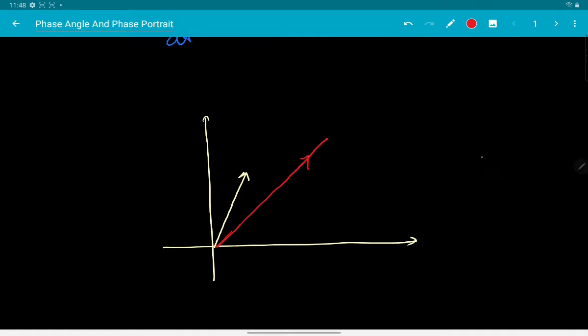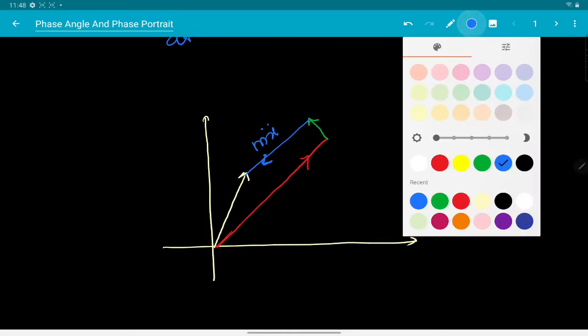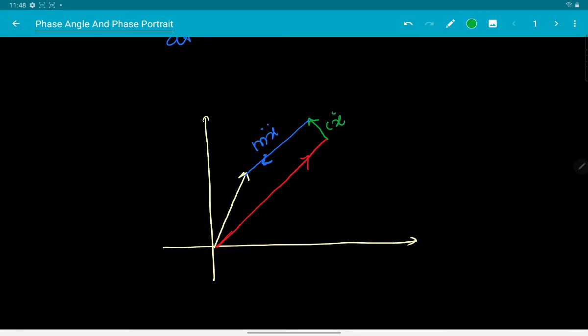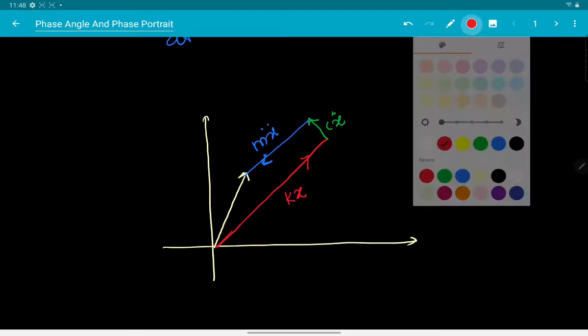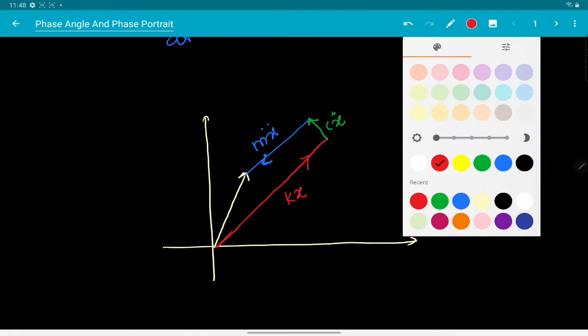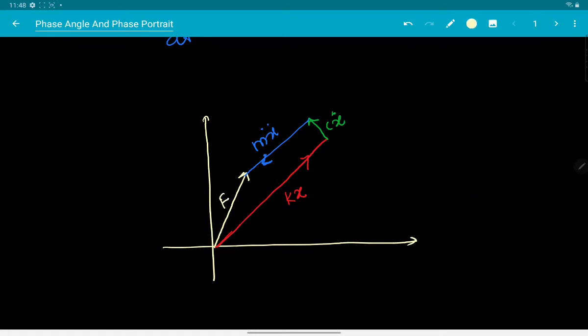Then we said that this much was c x dot, and this is how m x double dot was. So this is m x double dot, this is c x dot, this is k x, and this is what is f.